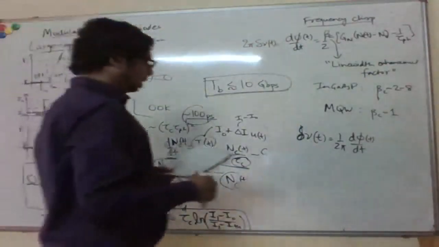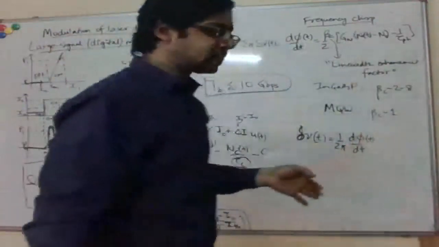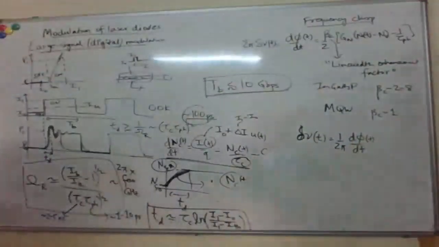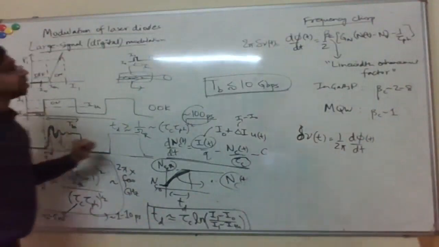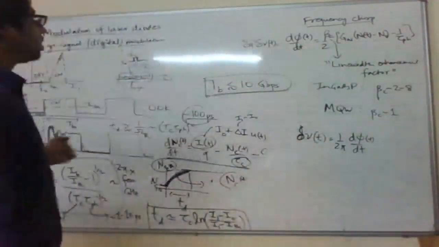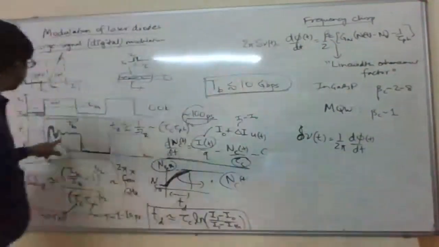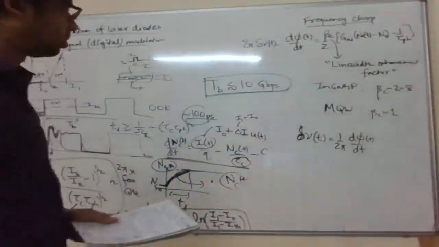Okay. So you can see that it goes as the carrier concentration, or roughly as the optical power. Basically, this time varying carrier concentration is giving me a time varying optical power, and that is what is modifying my phase. So actually, the frequency shift just follows my optical pulse.